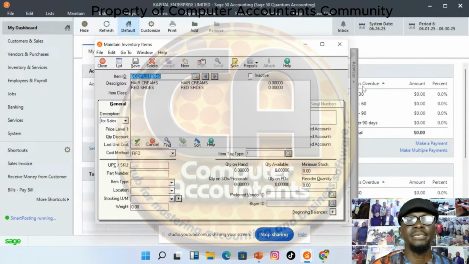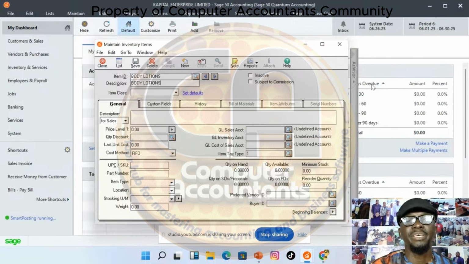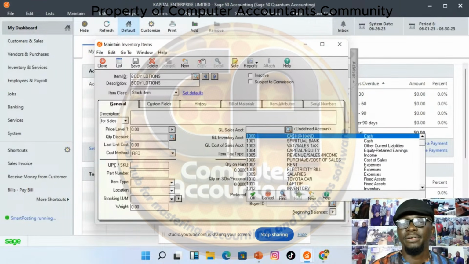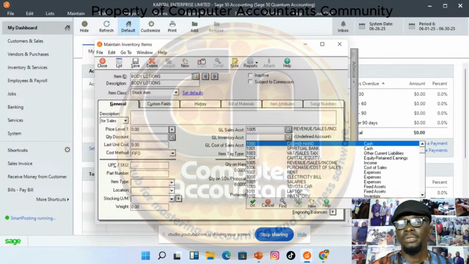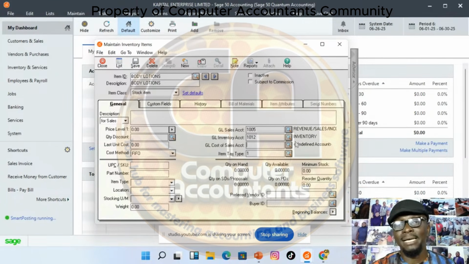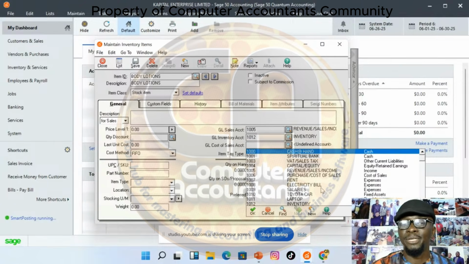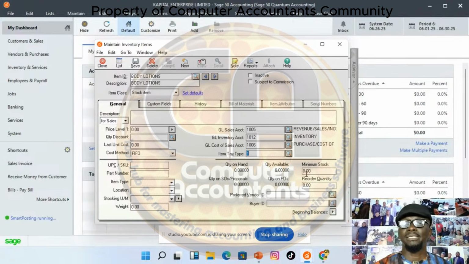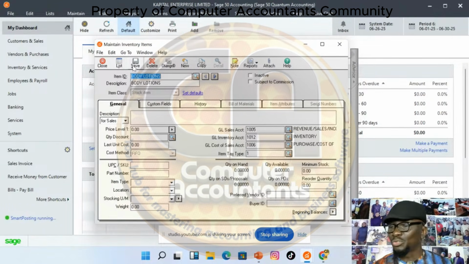So Control C, Control V, stock item, then the same stuff: revenue, inventory or stock item, as the case may be depending on what you use over there, then purchases. Okay, then save. That's good. I think we are done with inventory. So for now, we are done with inventory.